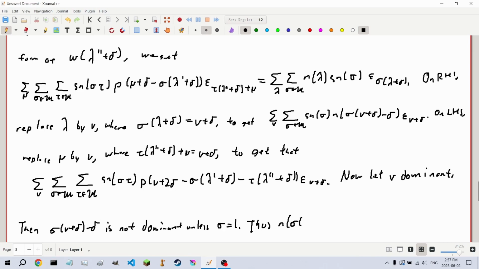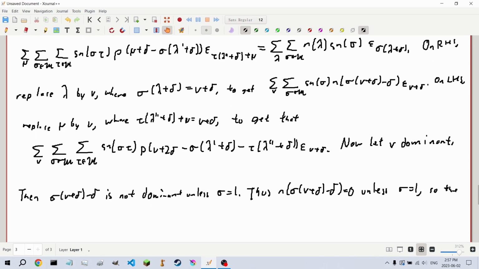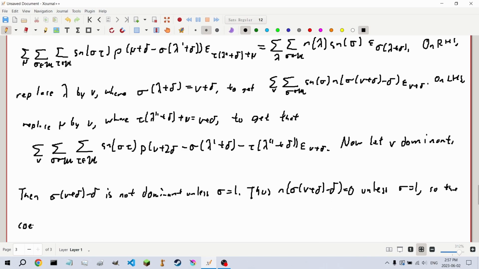Thus n of sigma of nu plus delta minus delta is 0 unless sigma is 1, which means the coefficient of epsilon of nu plus delta in our new right-hand side term of the above is just n of nu.